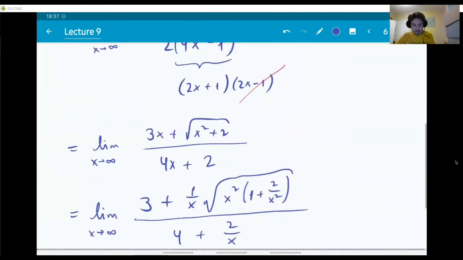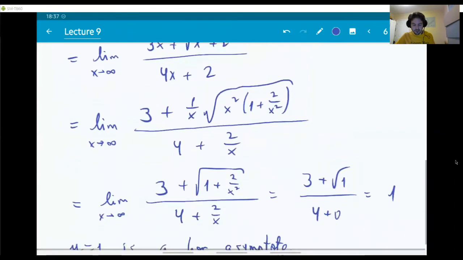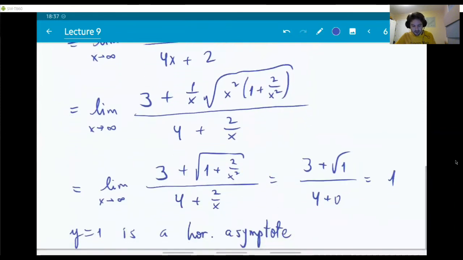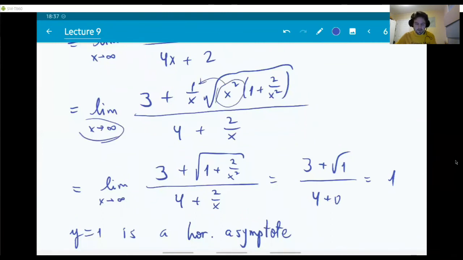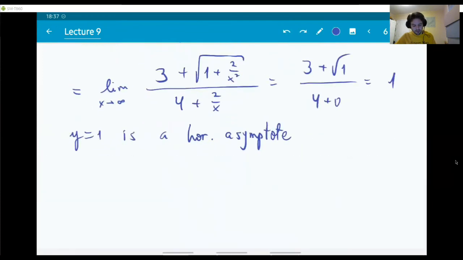The only place where you're going to find something different is right here, when we brought the x squared outside of the square root as x, because it was x going to plus infinity. Now, if you're going to minus infinity, that gets a minus sign. Square root of x squared is minus x. So you can write, for example, like this.